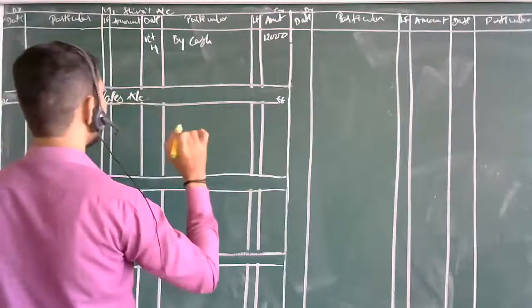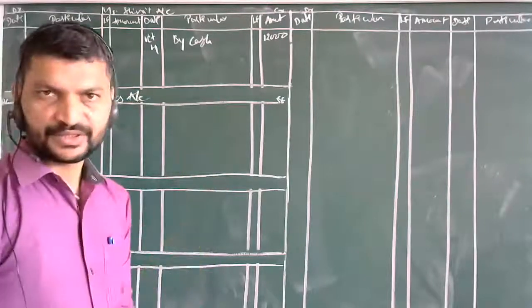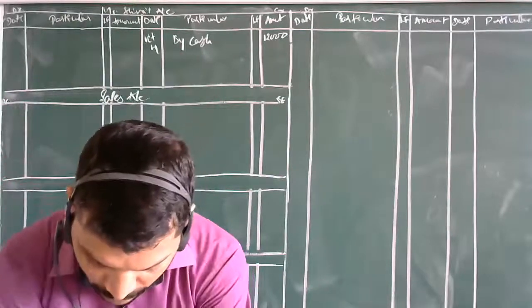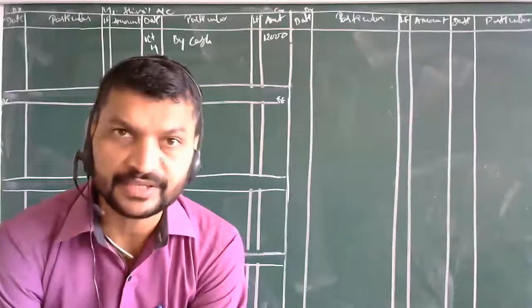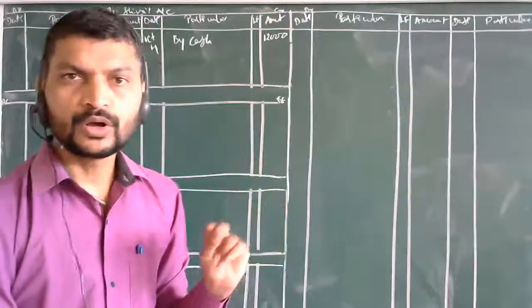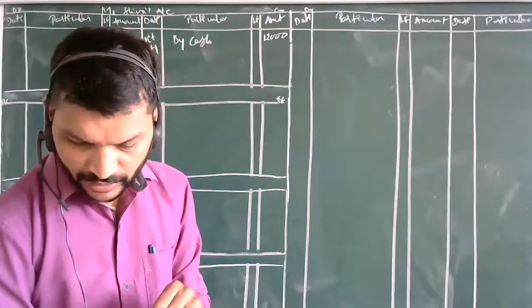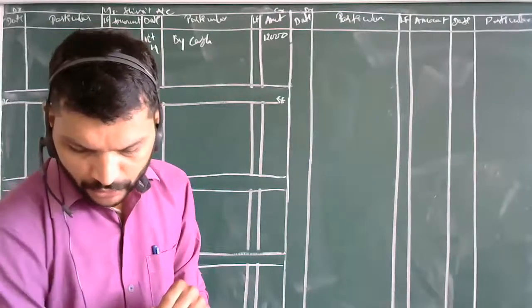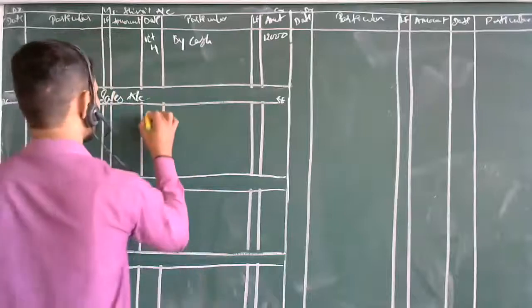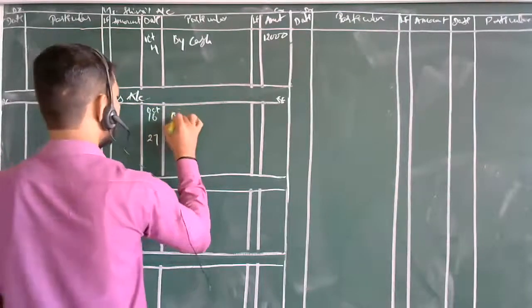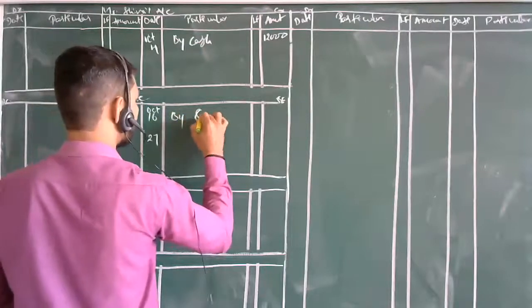It was sales account 28,000 and sales account 18,200. So 16th October and 27th, by cash.